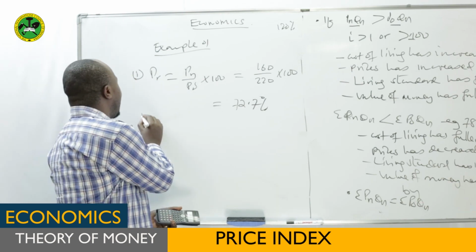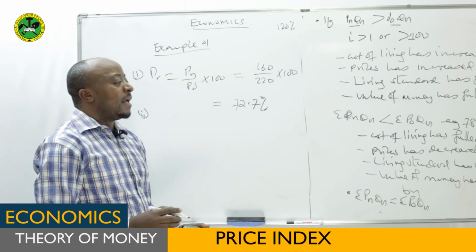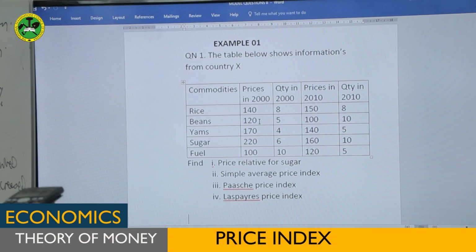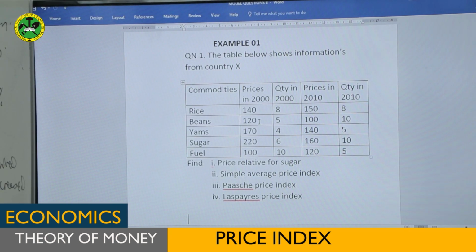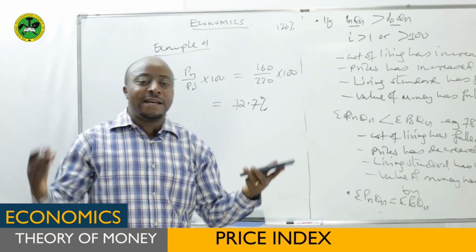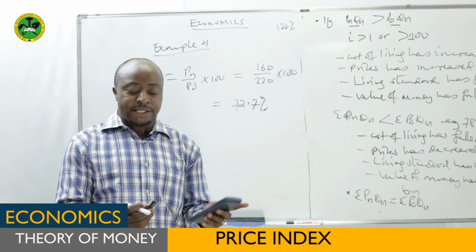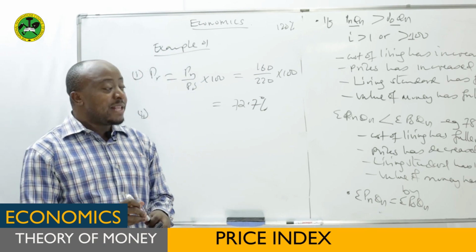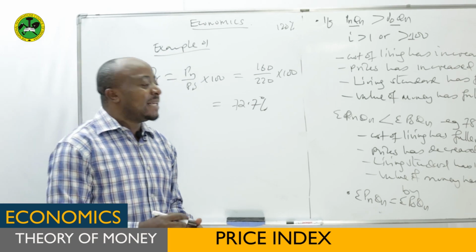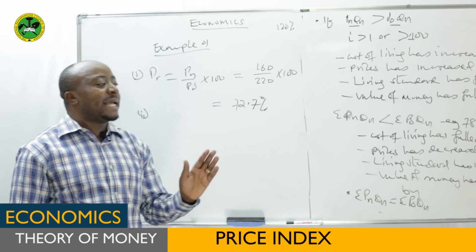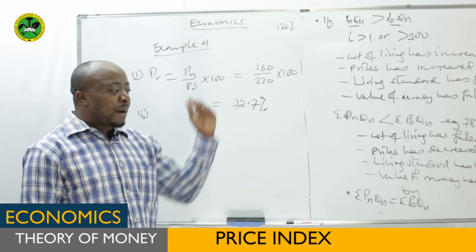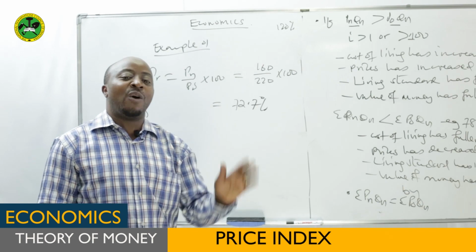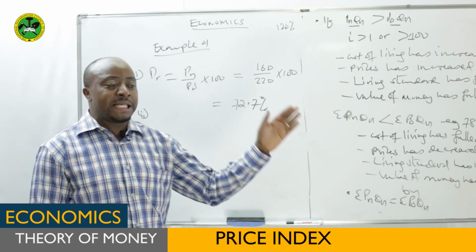Likewise, the second question is asking, find the simple average price index. When given many commodities and you want to calculate the simple average price index, it is obtained by making the summation of the prices of the current year over the summation of the prices in the base year times 100.